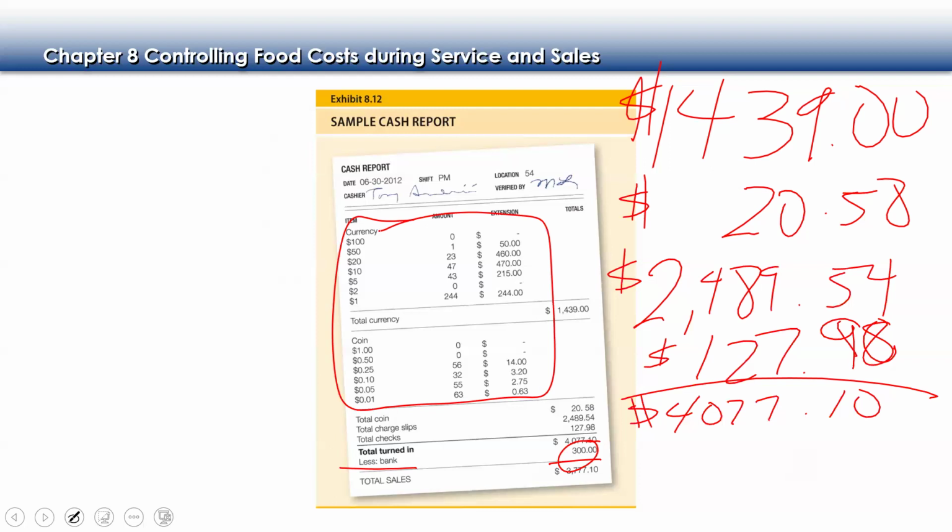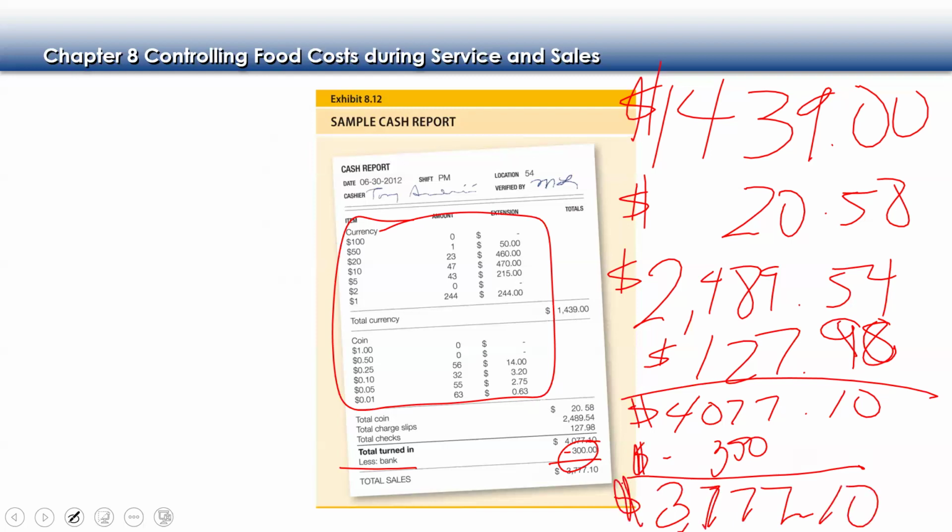So we subtract that $300, which gives me $3,777.10. That tells me that my total sales based on this is $3,777.10. I'm going to compare that to my report to make sure that those numbers match.